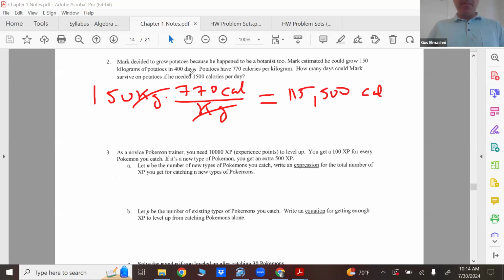But 1,500 calories per day. So then what I do is I do 1,500 calories in 1 day equals 115,500 calories over X days.